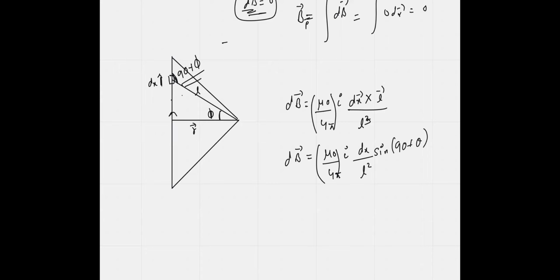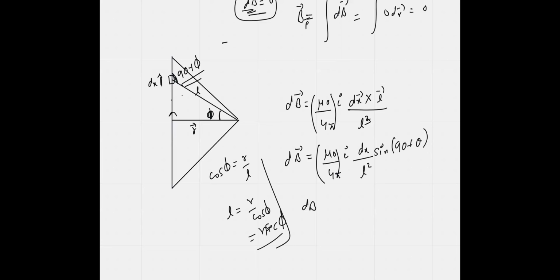I can remove this L. How can I remove this L? You know this phi, right? Can we say that cos phi is nothing but base, that is r, divided by length L? From here, this L is nothing but r divided by cos phi. This comes out as r times secant phi, right? If you are clear with this, I am going to put the value.